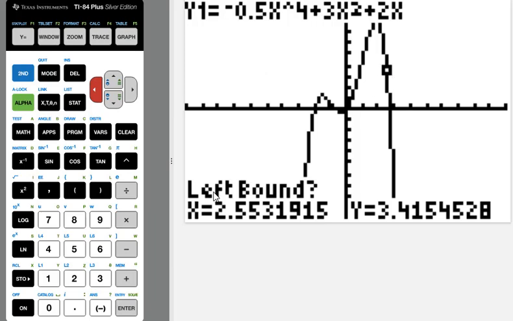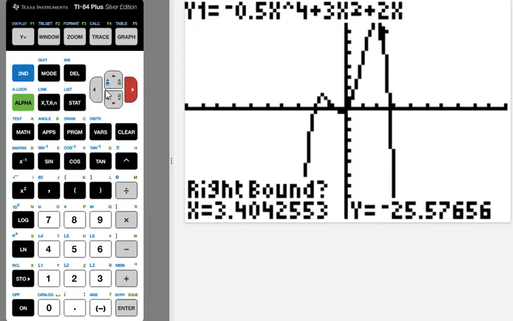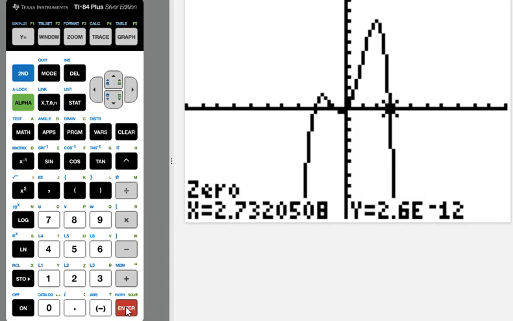I will press enter. Right bound, so keep moving to the right side of this x-intercept. I will press enter again, then enter.